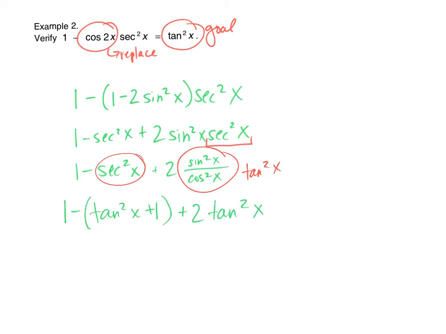And now 1 minus 1 goes away. And then I have a negative tangent squared x plus 2 tangent squared x, which just equals a positive 1 tangent squared x. And again, we are done. We have verified this identity. Once more with the third one.